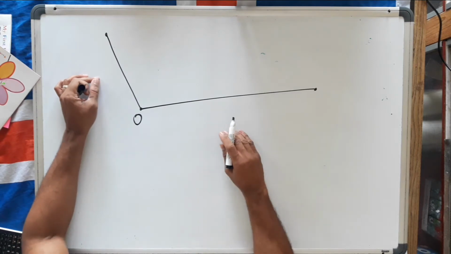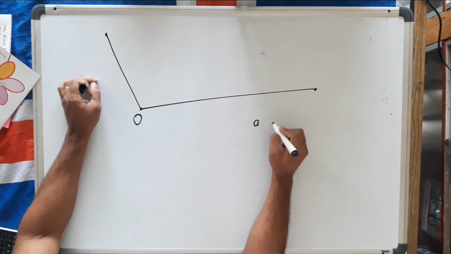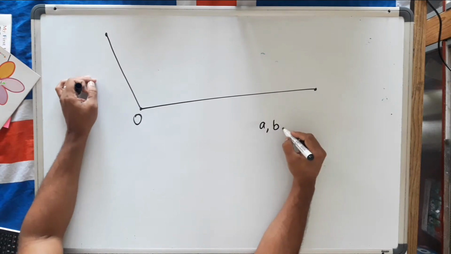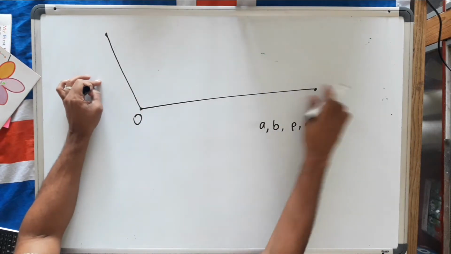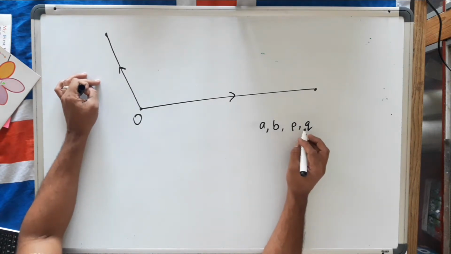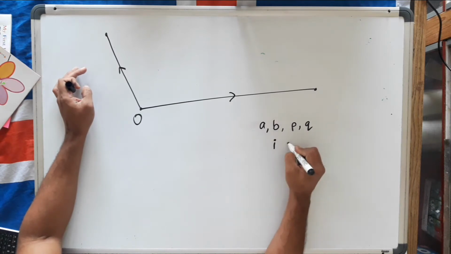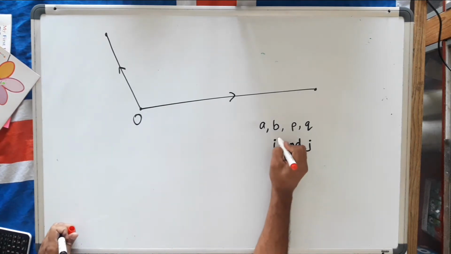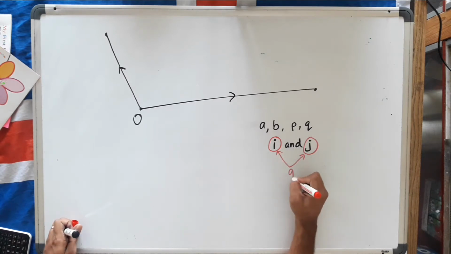I've been using a lot of letters so far for the value of vectors. You've seen me use vector A, vector B, and vector P and vector Q. I'm not talking about the capital letters, I'm talking about the letters with the arrows. There are two special letters that are used in vectors for CXC: I and J. Anytime they use the letters I and J, you can actually draw this on graph paper.